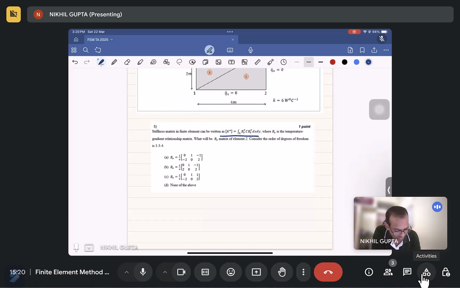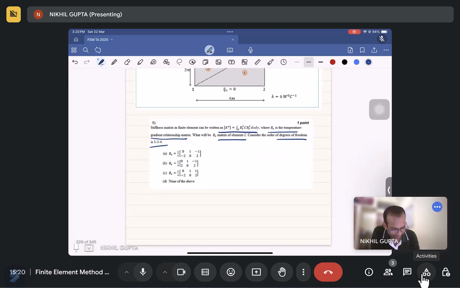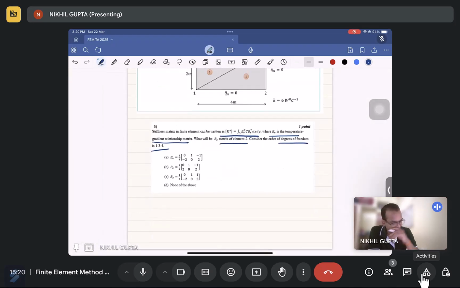Yes, we know all this. B is the temperature gradient relationship and B is the matrix of element number 2. Consider order of degree of freedom 1 3 4. So for 1 3 4, this element we have to take and we have to solve it. Okay, so let's start solving. 1 3 4, so we'll write the coordinates.